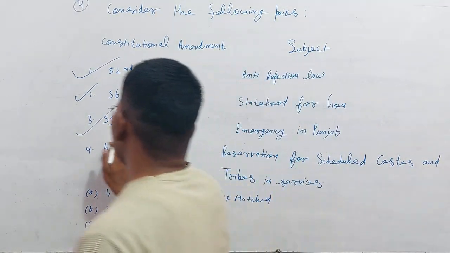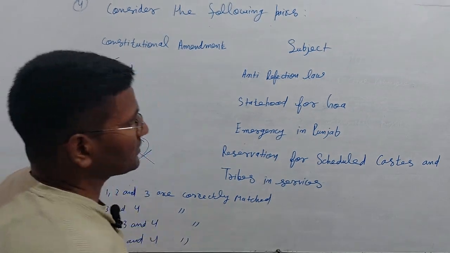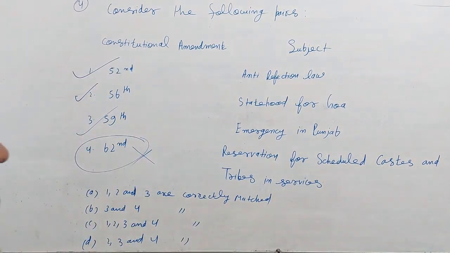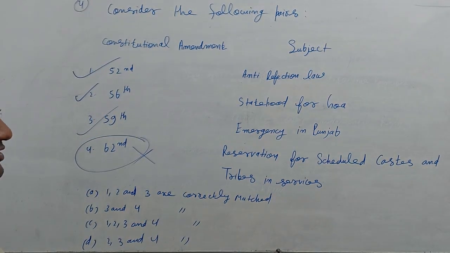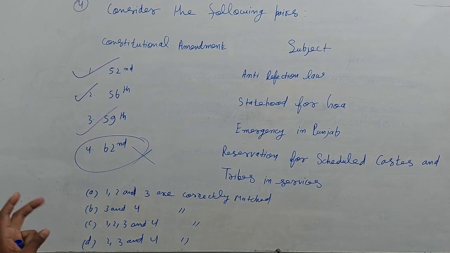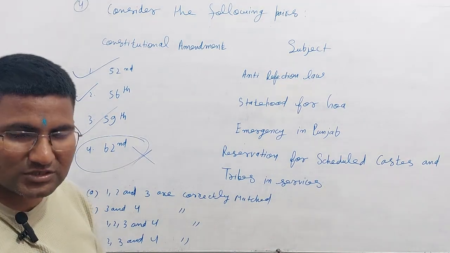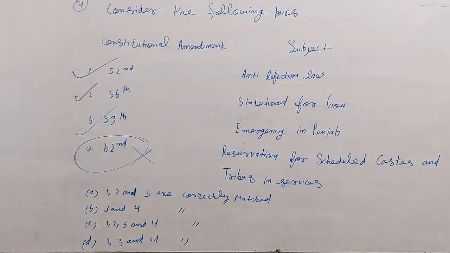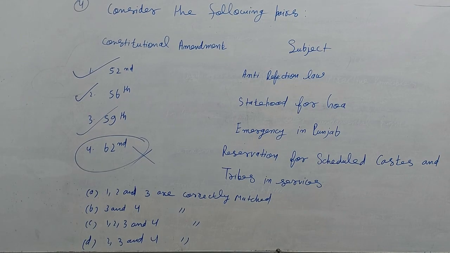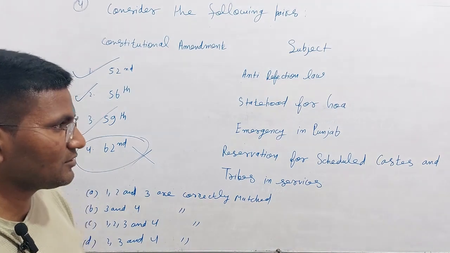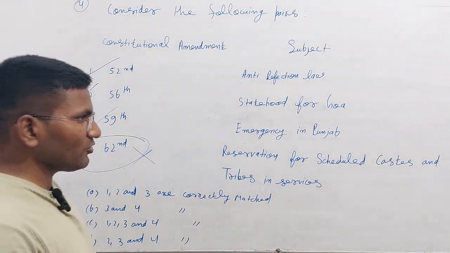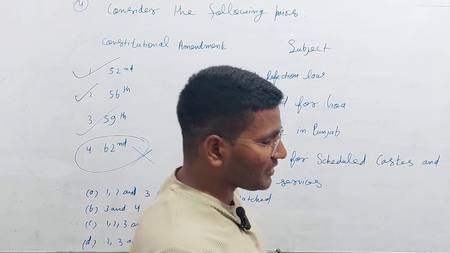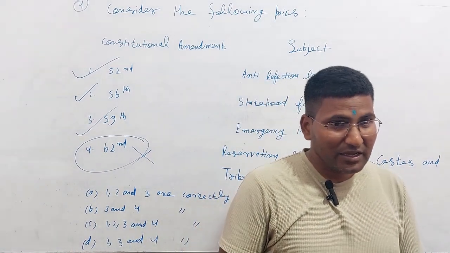This is your incorrect option, because the 62nd amendment of the Indian Constitution, officially known as the Constitution Act 1989, extended the period of reservation of seats for the scheduled castes and scheduled tribes and the representation of Anglo-Indians in the Lok Sabha and the state legislative assemblies.